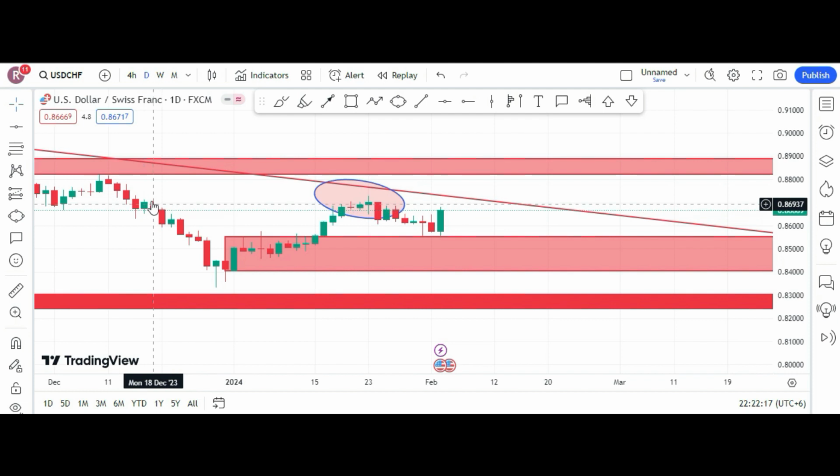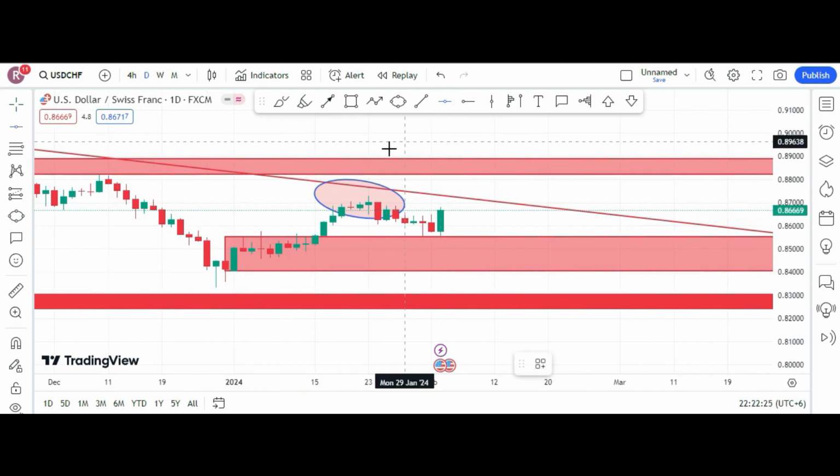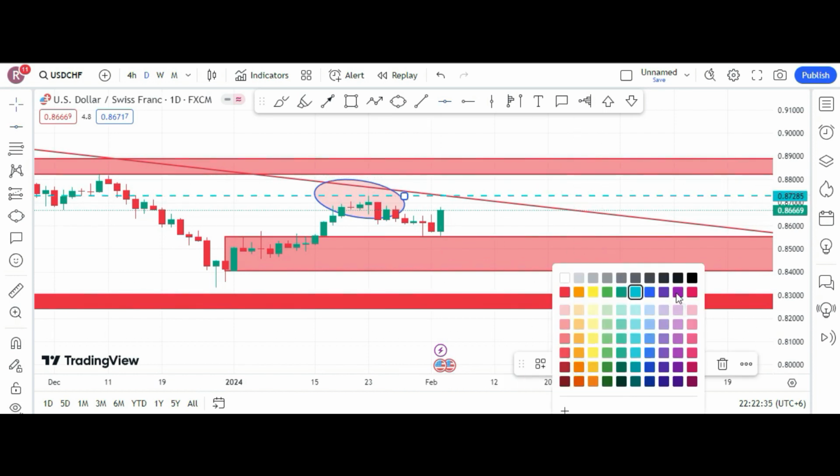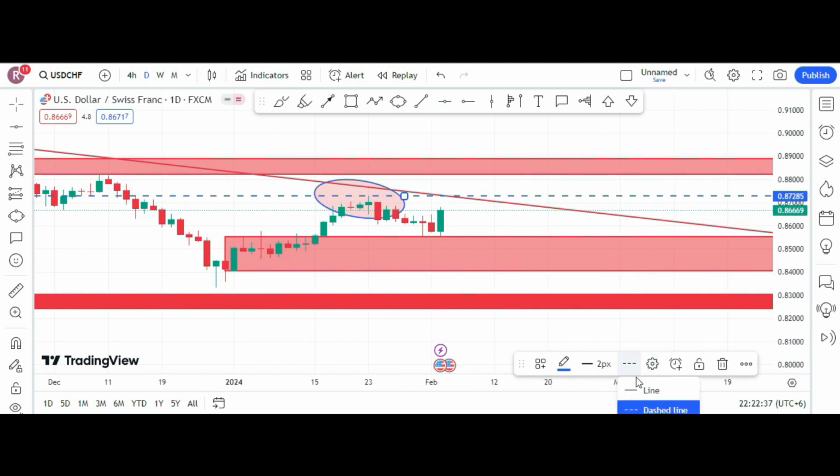All the time, the single candlestick of opposite color in any trend is very powerful. So this double top has been created actually from here. Okay guys, this is the red, so we consider the depth of the market, change the color to daily pattern, daily color. This is the double top which has been created.